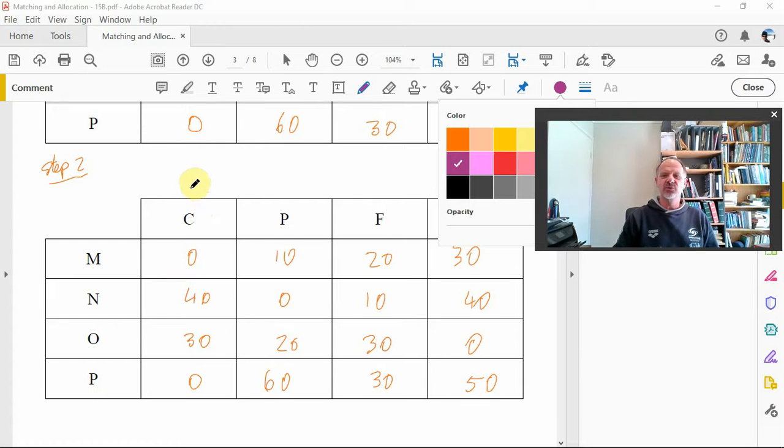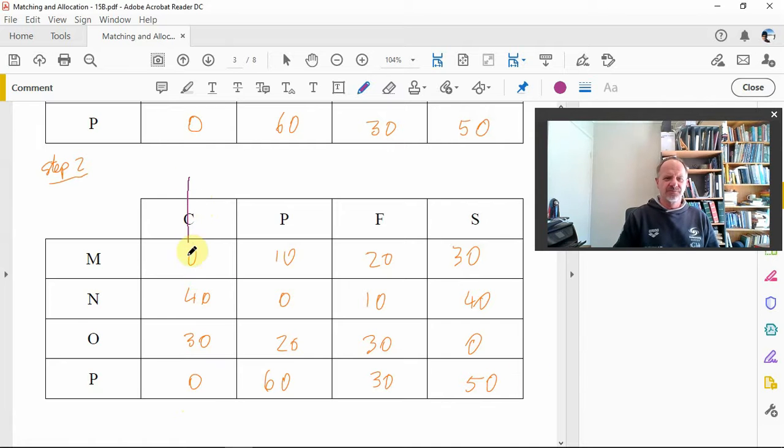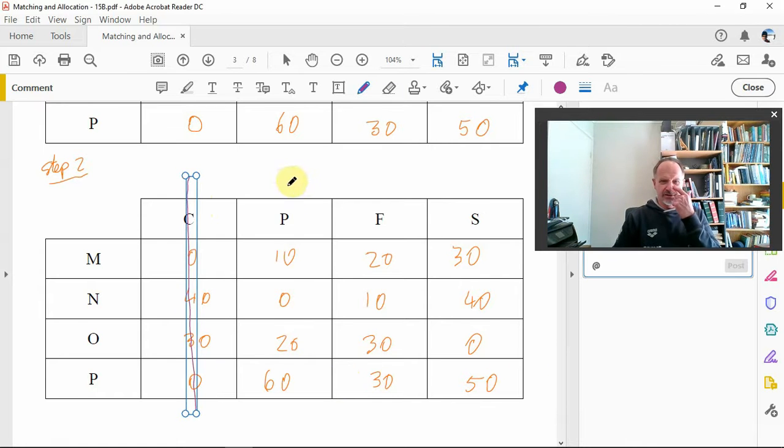We want the fewest lines that go through all the zeros. To get all the zeros horizontally, I've got to go through every row, so that's 4. But if I do it by columns, I get 2 zeros there, 1 there, and 1 there. So there's 3 lines.